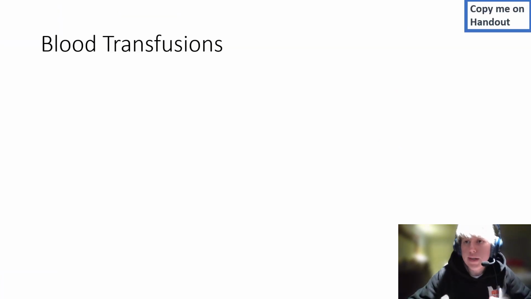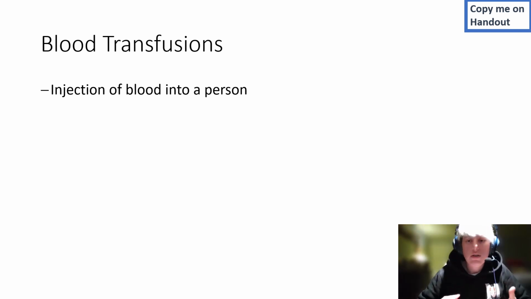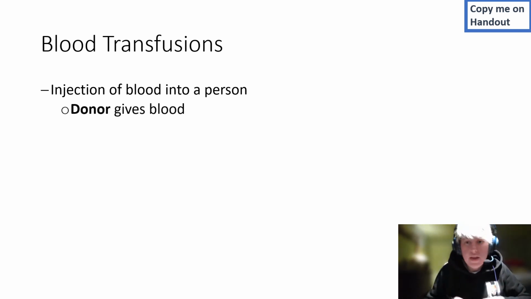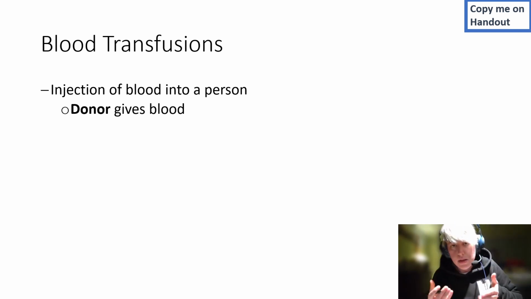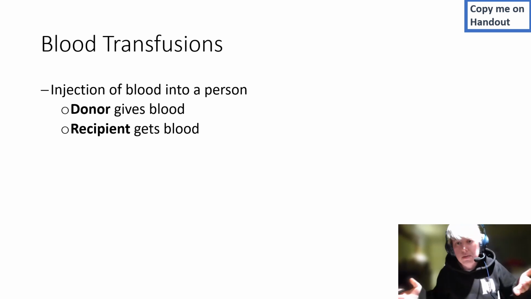So, blood transfusion is when you inject blood from one person into another person. And when we're talking about blood transfusions, we have two terms that we have to discuss: the donor and the recipient. So, the donor is the individual that is giving blood, and the recipient is the individual that gets the blood.